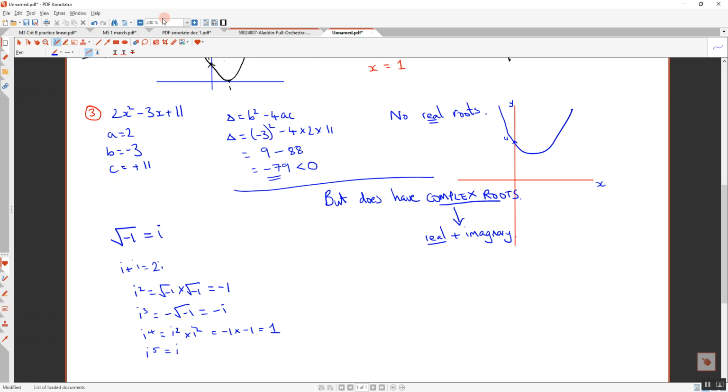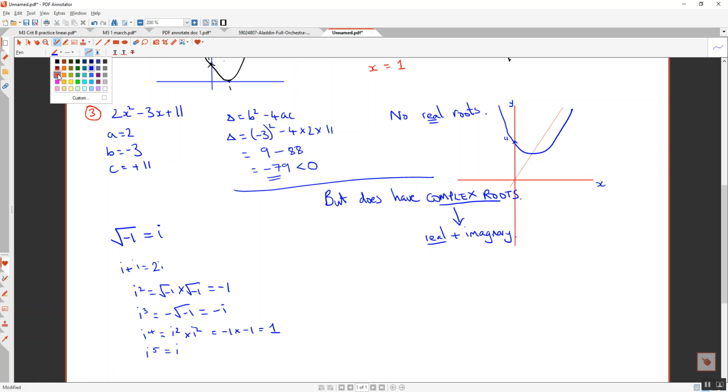It's difficult to visualize, and I'll probably not be able to draw it very well. So this is your real plane. They do not lie in the real plane because they are not real numbers. They are complex numbers, so we can create another plane here.